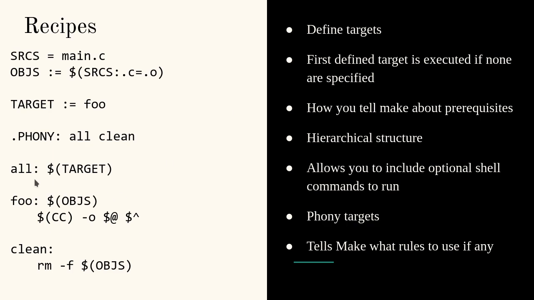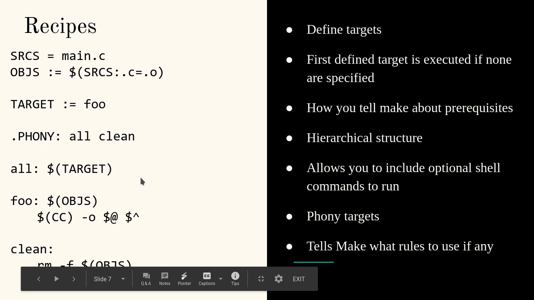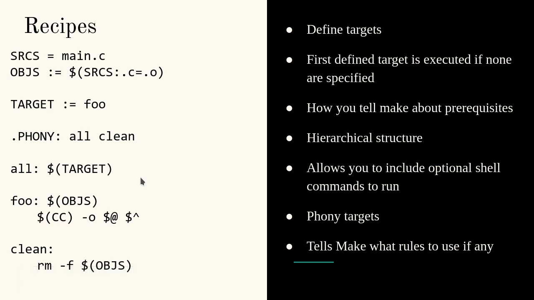So in this syntax here, this is how we tell Make what the prerequisites in the hierarchy are. This isn't necessarily how I would do a Makefile in the wild. It just shows you a better idea of how that hierarchy can work. So all is our default target. The way that Make works is the first defined target is the one that gets run by default.